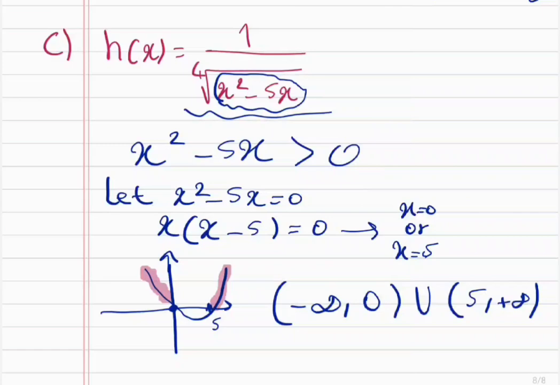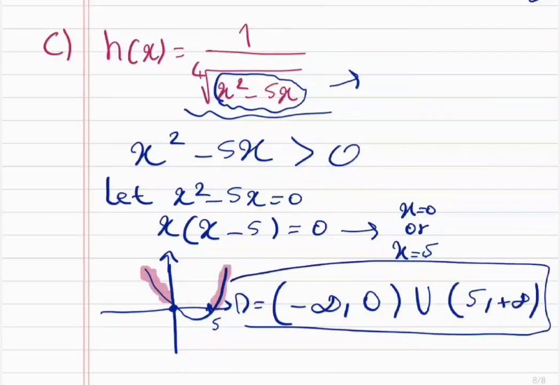Let's substitute 0 and see what happens. If we substitute 0 in here, we will have 0 minus 0, which is 0, and we can't have that in the denominator. The same thing is going to happen if you substitute 5, because you're going to have 25 minus 25, which is 0. Hence we should exclude 0 and 5. And so this is the domain of this function.